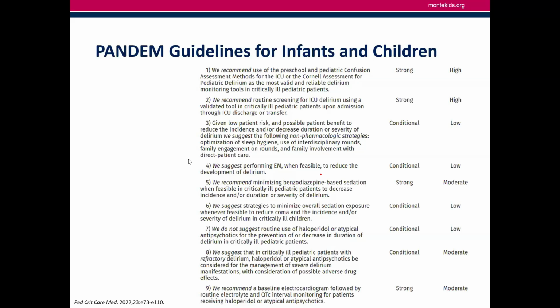They also recommended to use those tools on admission to the PICU, as well as throughout their stay up until discharge or transfer. They also strongly recommended minimizing benzodiazepine use, as more literature has come out to show that they are positively correlated with delirium in both adults and pediatrics.